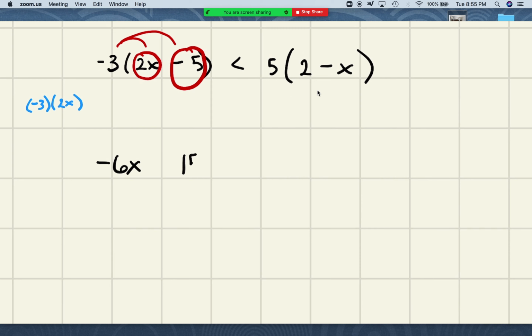Actually, we could just write regular 15. But since there's a number in front of it already, we'd have to include the positive. And then now it becomes negative 6x plus 15. This negative was a minus sign and a negative sign at the same time.